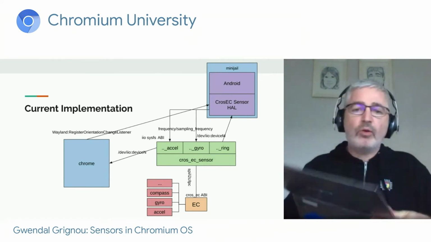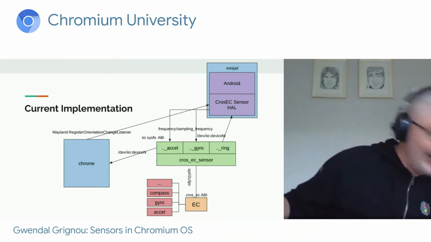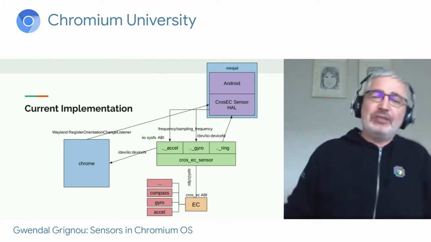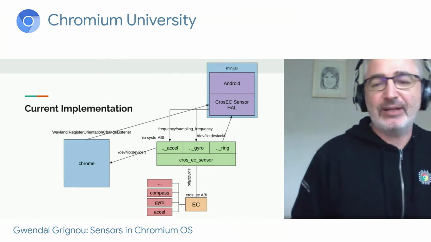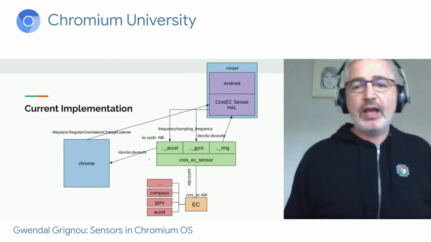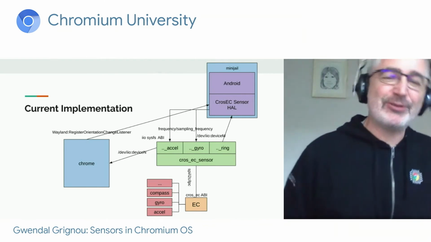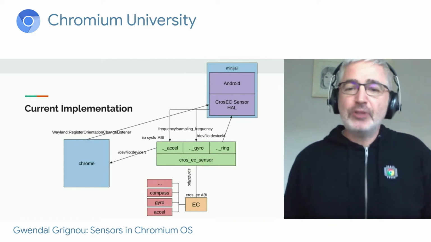Actually, that's the main usage of the sensors in Chrome OS today. There are some games, but it's on a big device, so it's not that good. Anyway, that's not true. There is also the light sensor, used for auto dimming of the display.